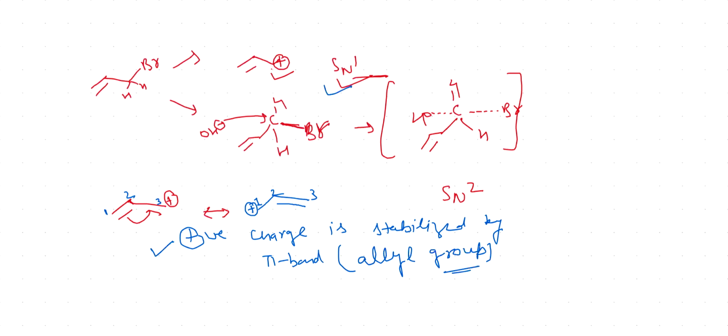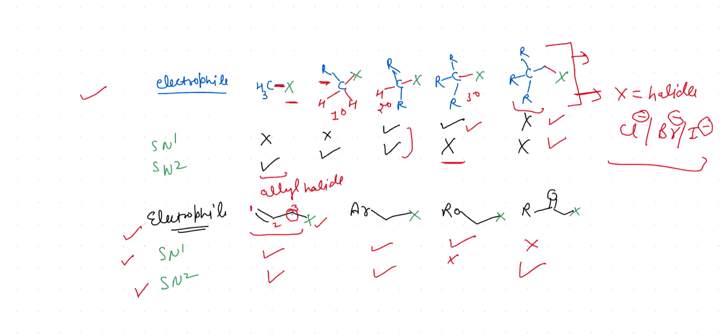Then the next example. Same, benzyl bromide. What is the structure of benzyl bromide? CH2Br. Yes, this is the structure of benzyl bromide. It is not sterically hindered, so it can follow the SN2 mechanism as well. It can follow SN1 too. Why will it follow the SN1 mechanism?